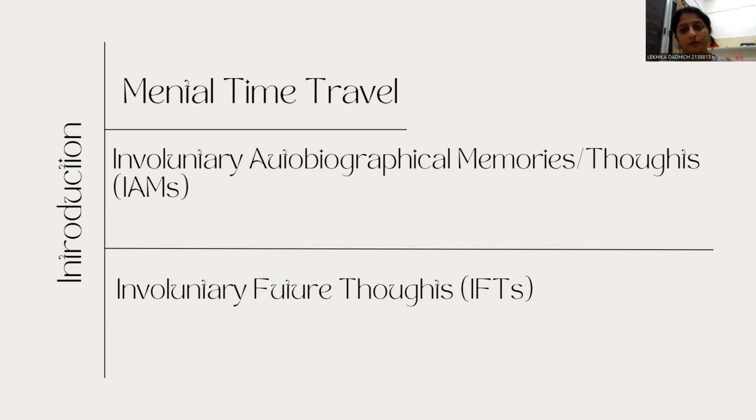You would be studying, but something from your past might just pop out of nowhere. You might be thinking about the summer you spent at your nanny's place, right? Another one is involuntary future thoughts. These are thoughts in which you are anticipating the future, thinking maybe this might happen, or maybe in 10 years I'll own a home, or something like that. You get the idea.